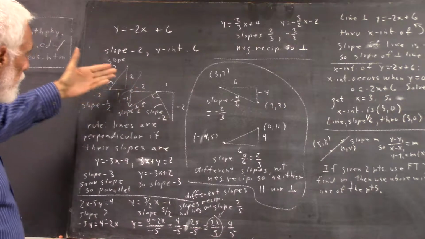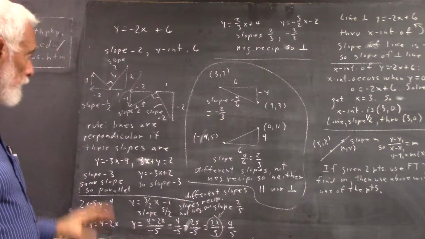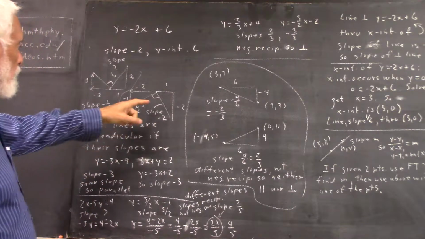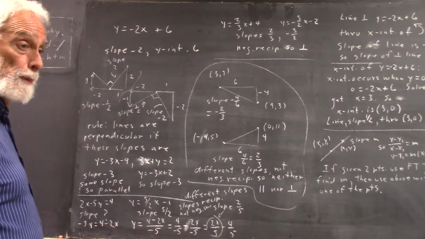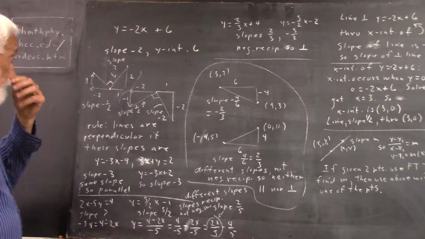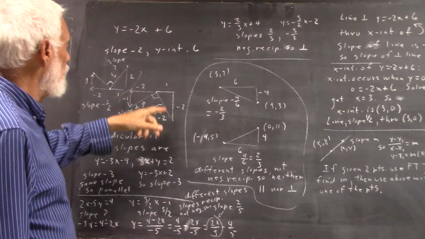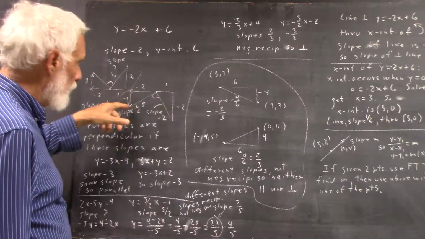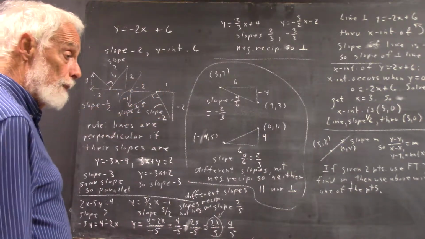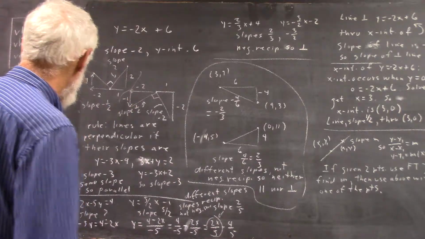I don't expect you to be able to solve or to prove this, although if you want to really learn this stuff extremely well, I recommend that you use a little bit of geometry and prove that whenever you do this, the hypotenuse of this triangle will be perpendicular to the hypotenuse of this triangle. Okay.